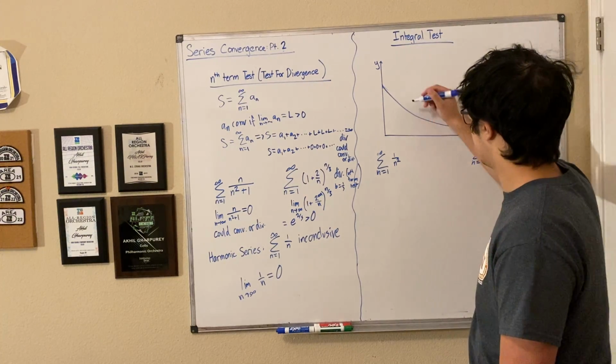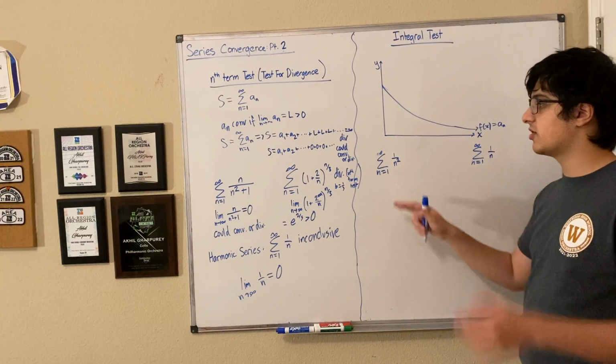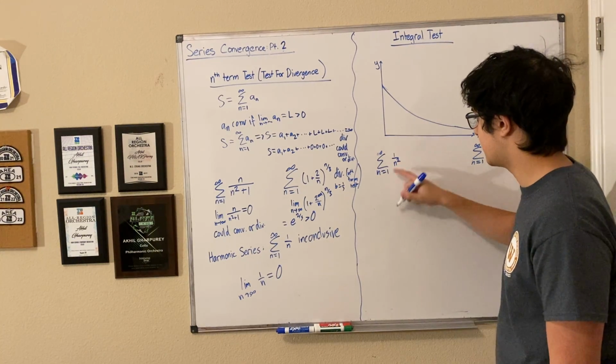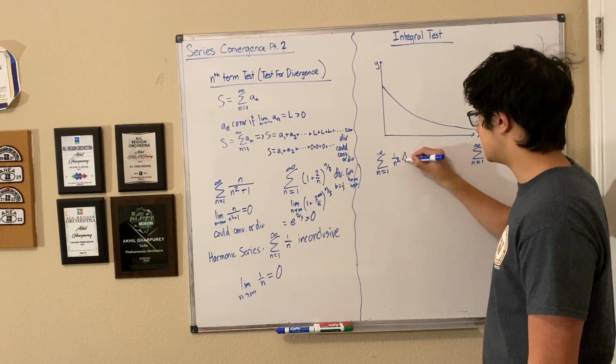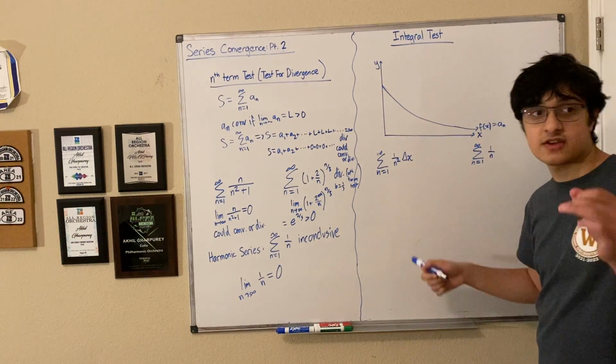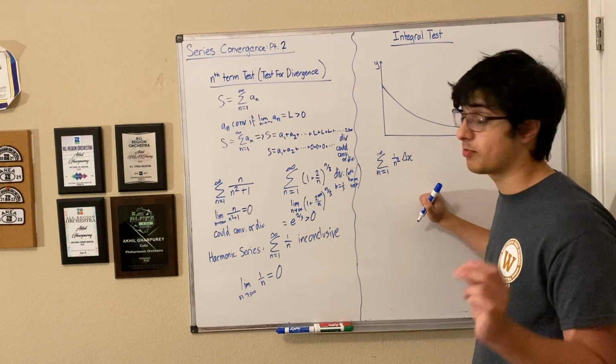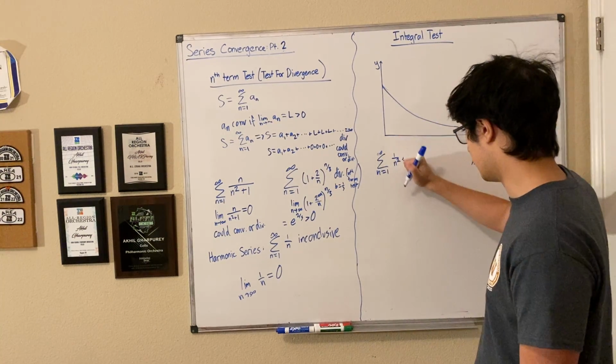Basically what this is saying is this series is kind of the same thing. If we threw in a delta x for this series right here, this is effectively the same thing as a Riemann sum or a rectangular approximation of an integral.